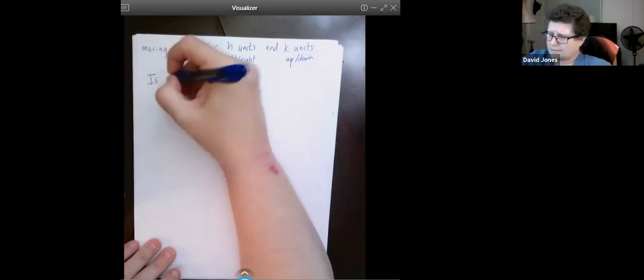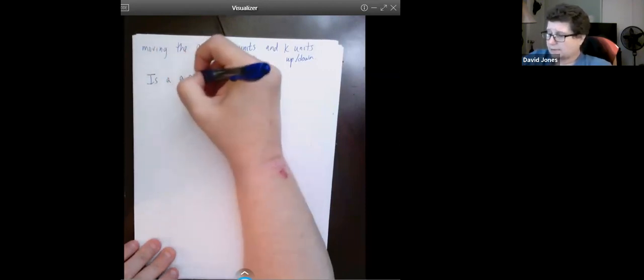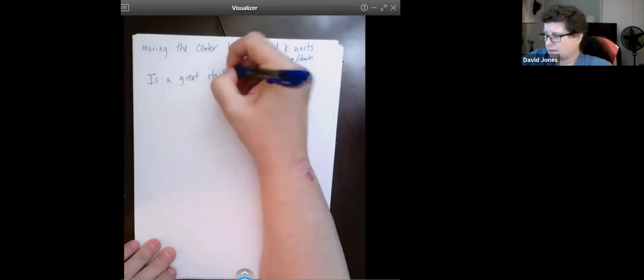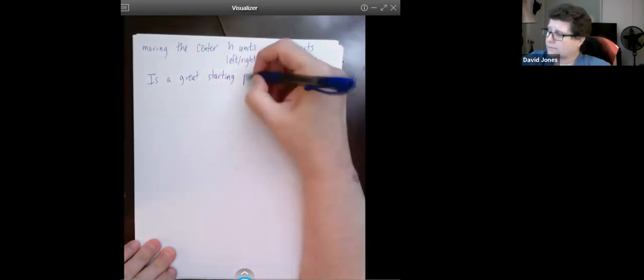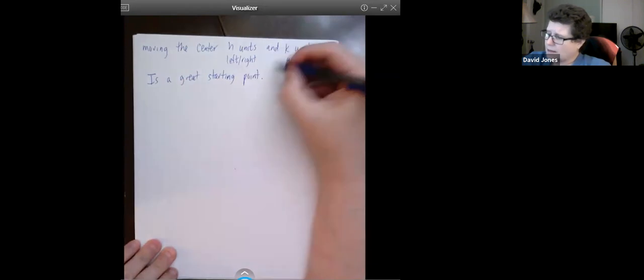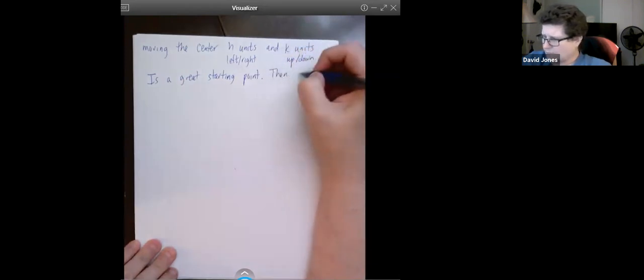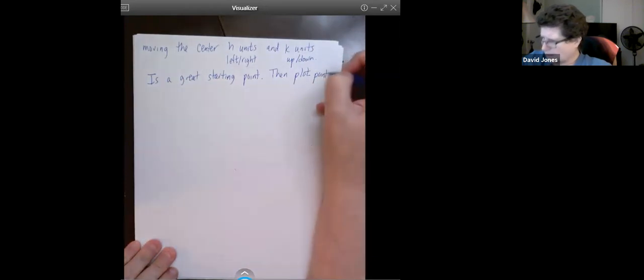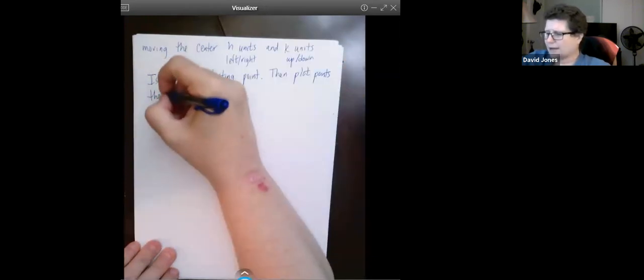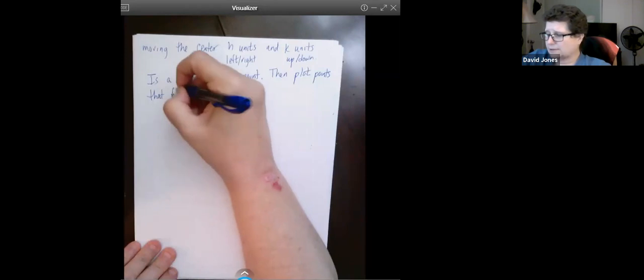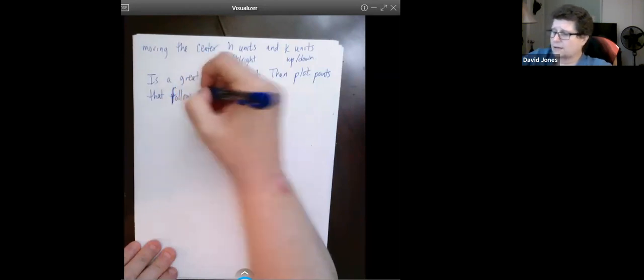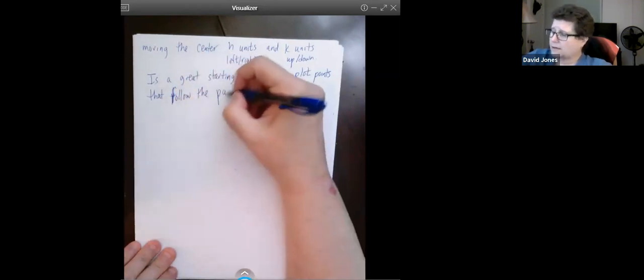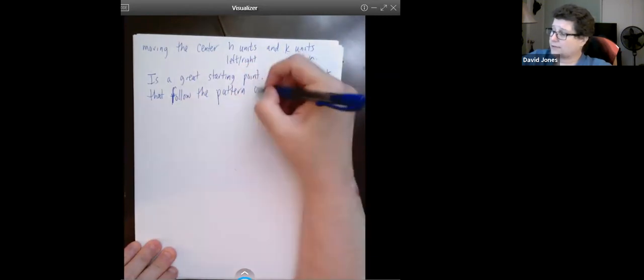That is a great starting point. Then plot points that follow the pattern of the base function.